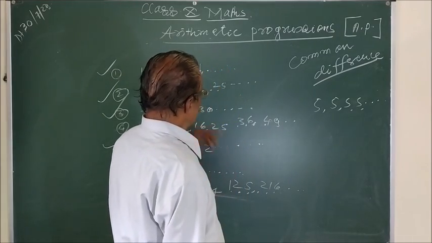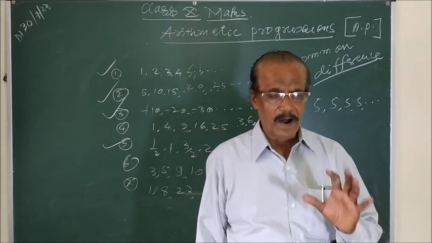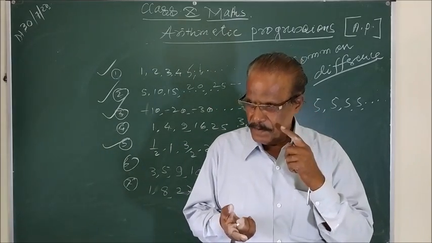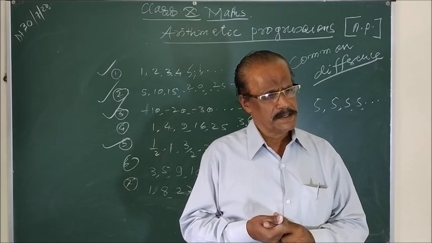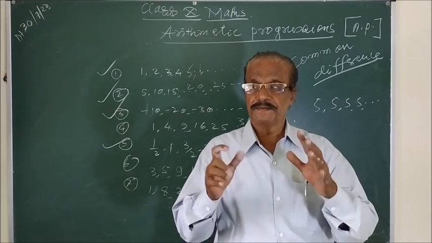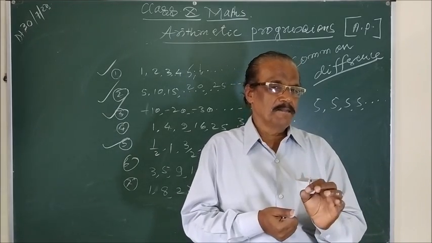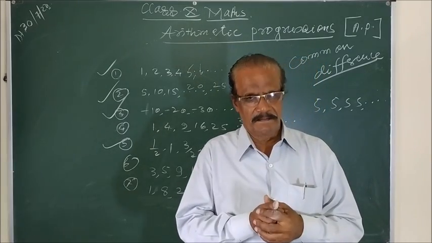तो मैं समझता हूँ कि you must have understood what is the meaning of AP. I repeat, the list of numbers which follow some sequence in which each number increase or decrease by a fixed number.